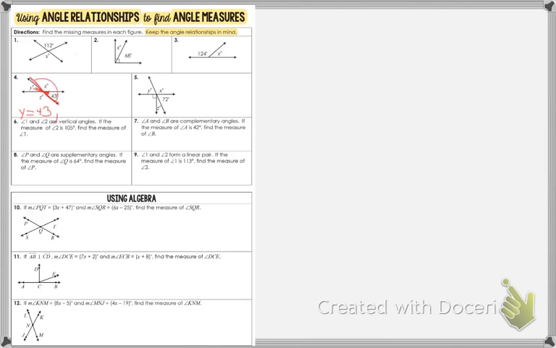From here to here will have to be 180 degrees. If I want to know x, then I'm just going to take away 43. And that ends up being 137, I think. So x is equal to 137.